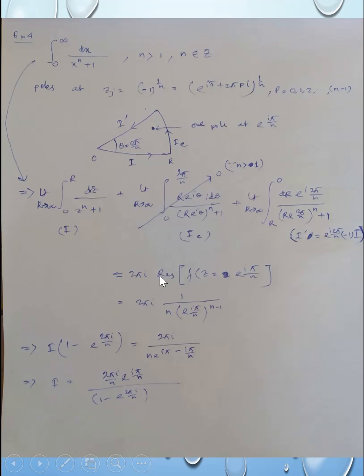For the residue, apply the same thing. You have only one pole, with function 1 by x to the power n plus 1. Apply L'Hospital's rule, and you get the first derivative n into this one.